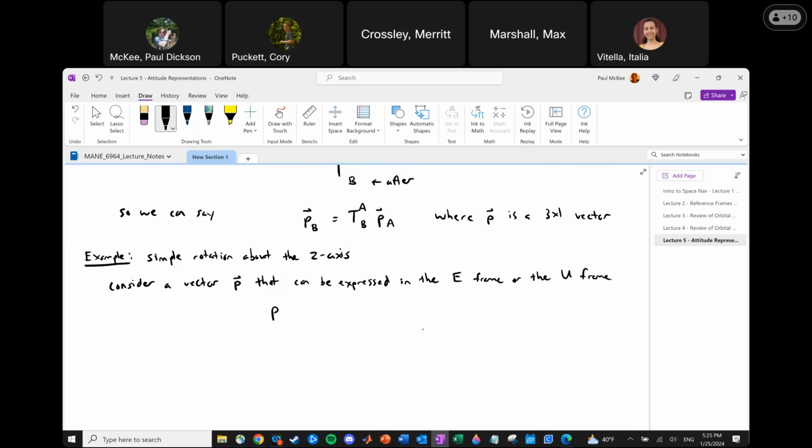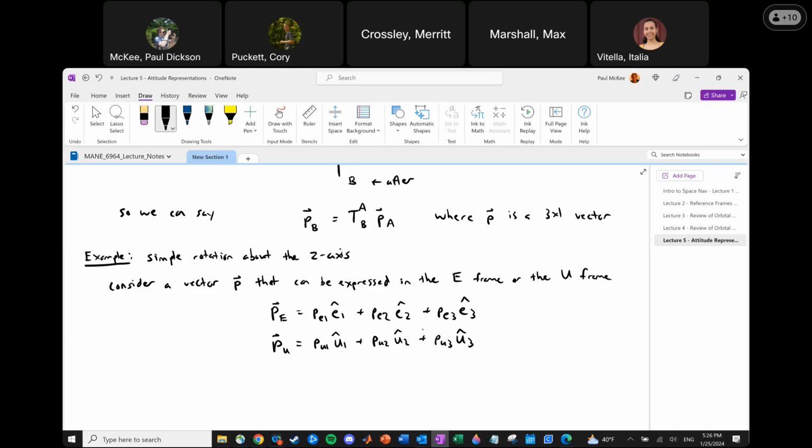We could say P expressed in E is going to be PE1 times the E1 direction plus PE2 times the E2 direction plus PE3 times the E3 direction. Or if you wanted to, you could express it in the U direction. So this would be PU1 U1 plus PU2 U2 plus PU3 U3.